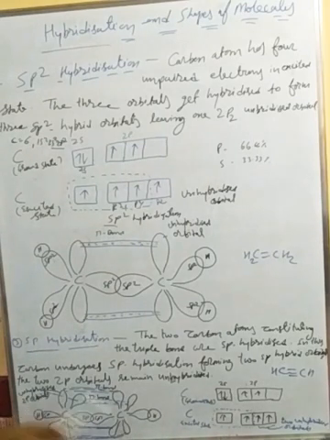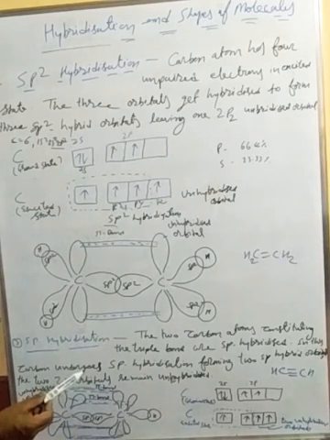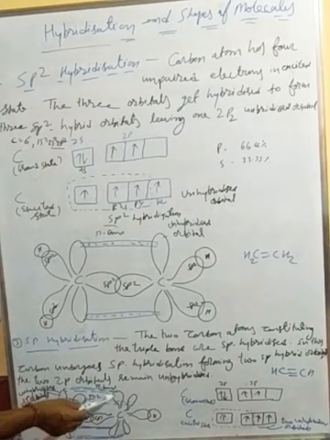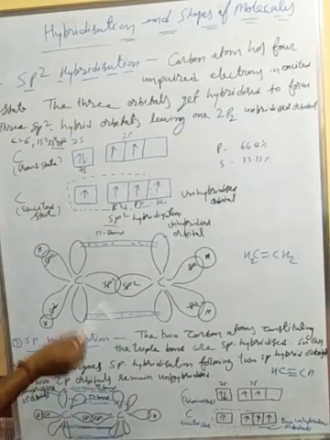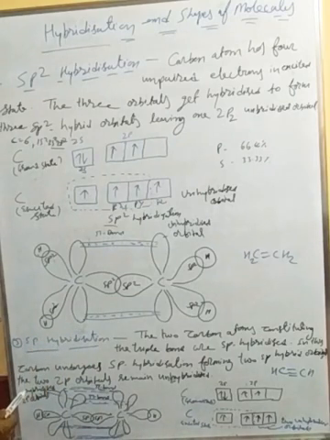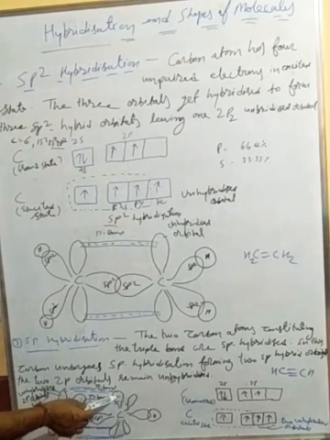These two unhybridized orbitals overlap with the two unhybridized orbitals of the other carbon: py overlaps with py and pz overlaps with pz.